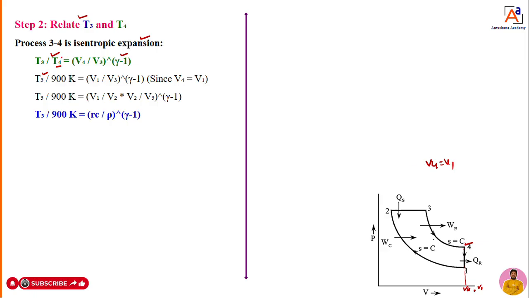Wherever V4 is there, I will substitute the value of V1. So instead of V4, I will substitute V1 divided by V3 to the power of gamma minus 1.